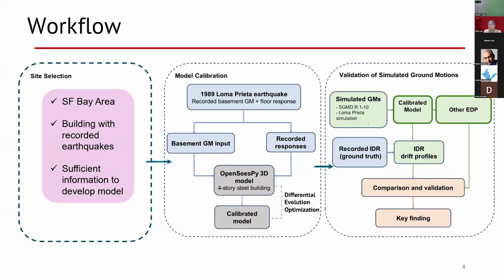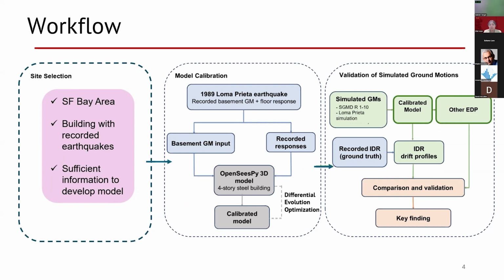So we developed a workflow. It's a three-phase workflow. First, we selected the site, which needed to be in the Bay Area region because the simulated SGMD, and also another set that we use, is located in this Bay Area region. We needed a building that had recorded earthquakes, and a building for which we had sufficient information to develop a model.